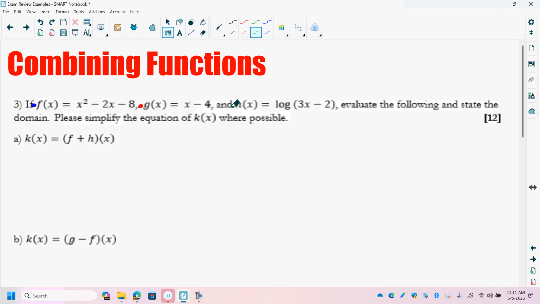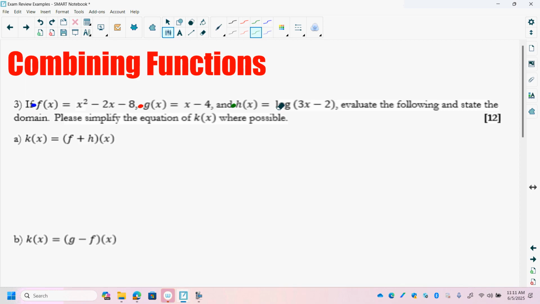In each part, A, B, C, and D, they get me to combine 2 of these 3. How do I combine them? I either add them, I subtract them, I multiply them, or I divide them. They want me to come up with the new equation, k of x, and they also want me to give the domain of k of x.